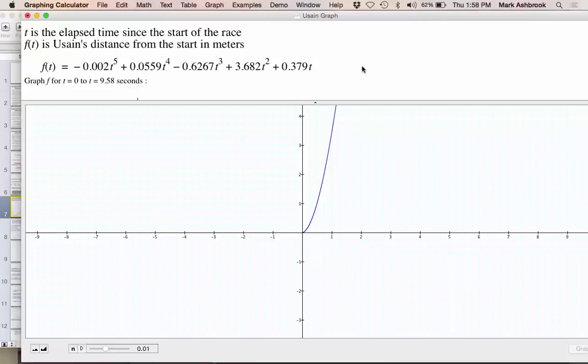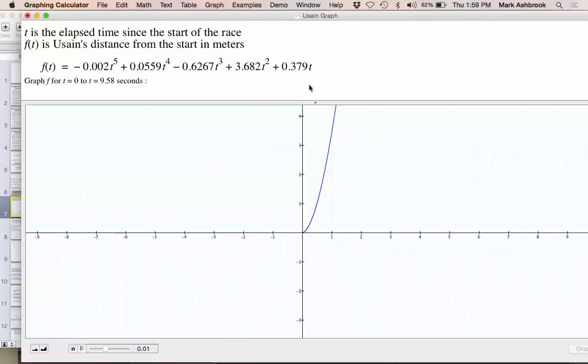I found a table of values that gave his distance from the start every half second or every tenth of a second or every second, and then I did a polynomial regression to those points. I came up with this function, where the independent variable is his elapsed time since the start, and the output, or the dependent variable, is his distance from the start in meters. And so here's that graph.